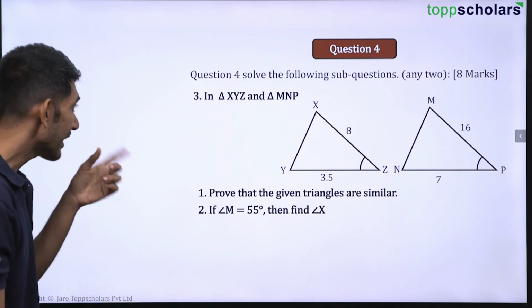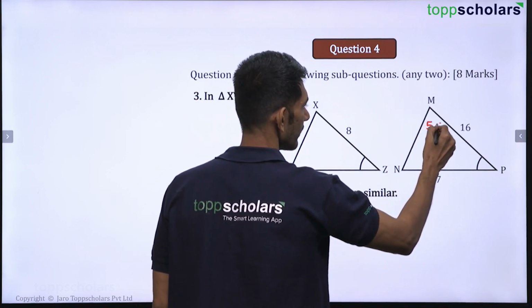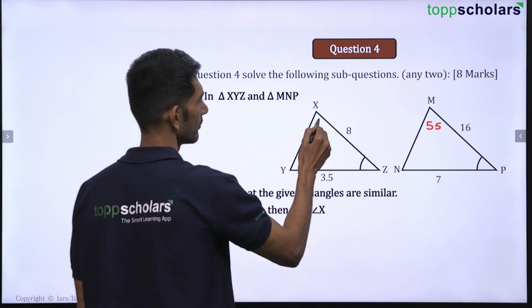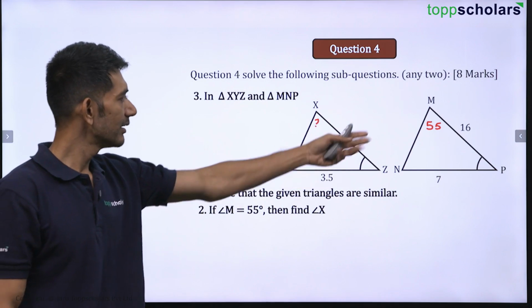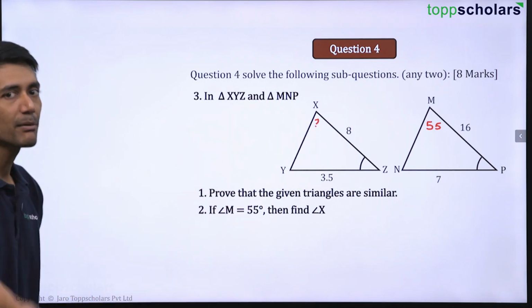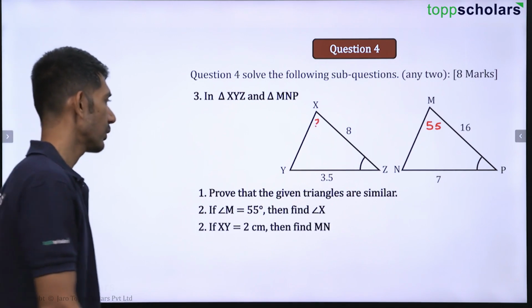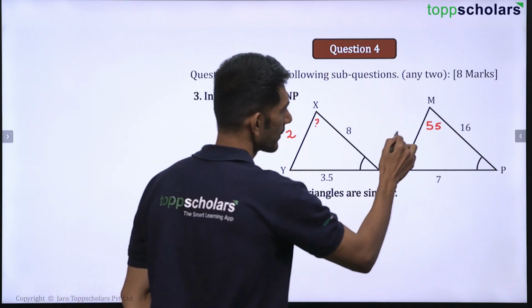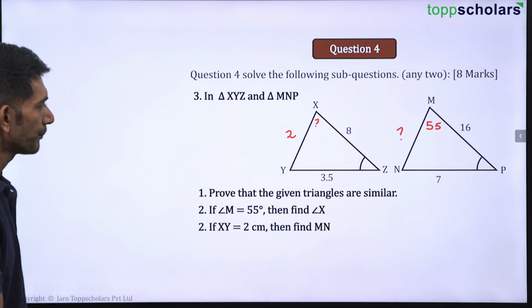Second, angle M is 55. Then find out angle X. Again very simple. If both of them are similar, then X will directly be 55. Anyways, we'll see that later. And XY is 2. We're supposed to find out MN, correct? Okay.